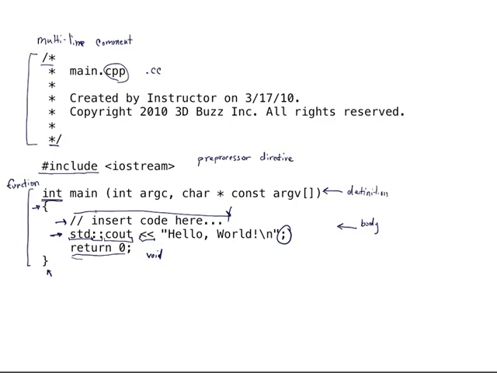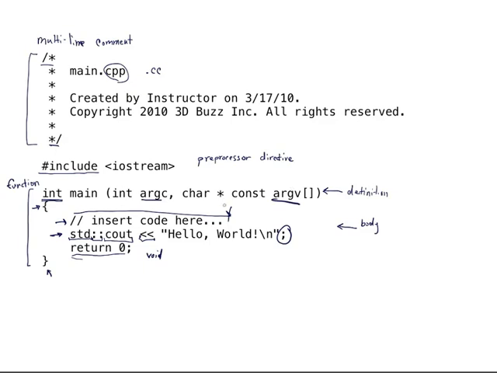There are two ways to define this main function in C++, two standard ways. You might see it a couple different ways, but the two standard ways are, one, the way we have it, which accepts two arguments, argc and argv. The argument names don't matter, but the types do.